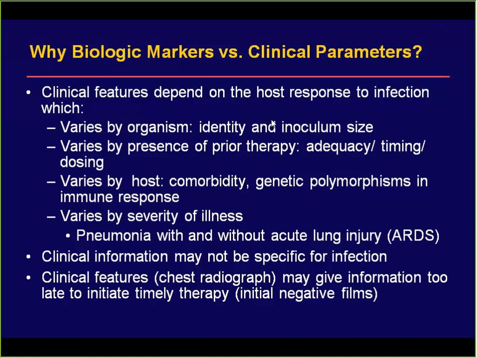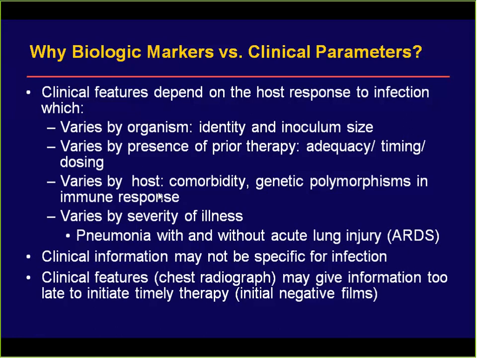That host response is going to change organism by organism, not only the organism identity, but the inoculum size. Prior therapy will have an impact. For example, if they've received appropriate antibiotic therapy prior to your seeing them, some of the clinical manifestations may be less obvious. But probably most importantly, the clinical manifestations of infection are going to vary with the host.